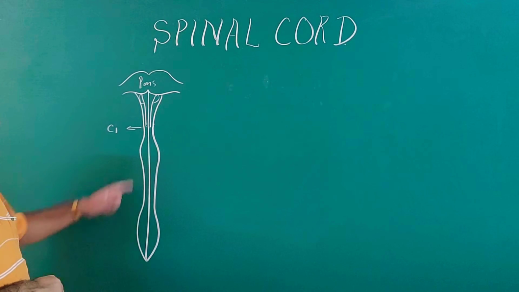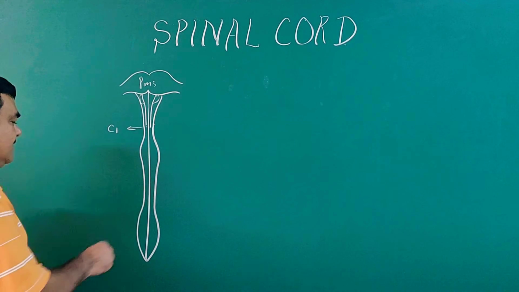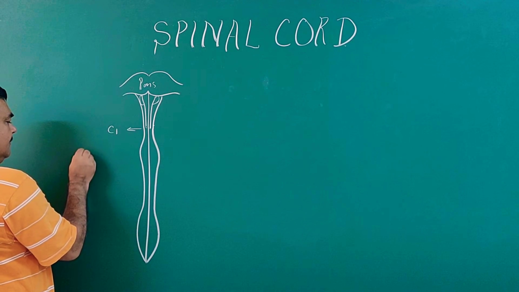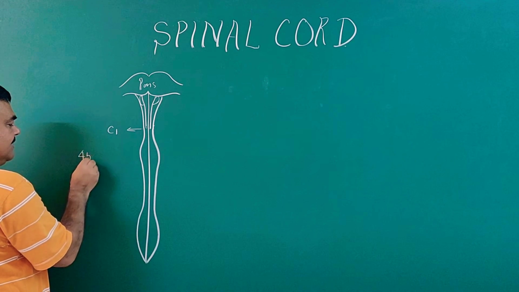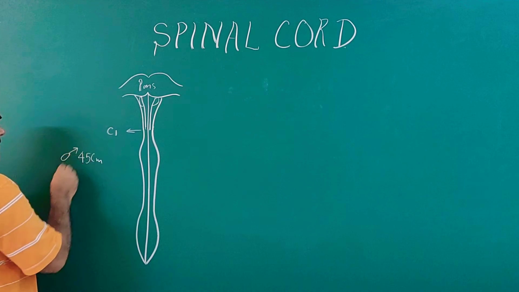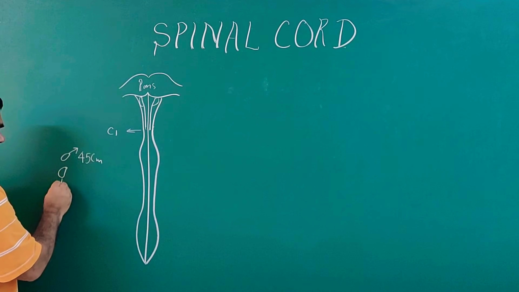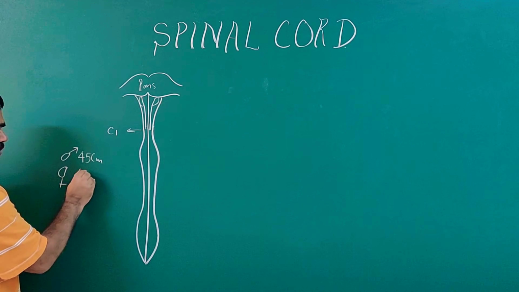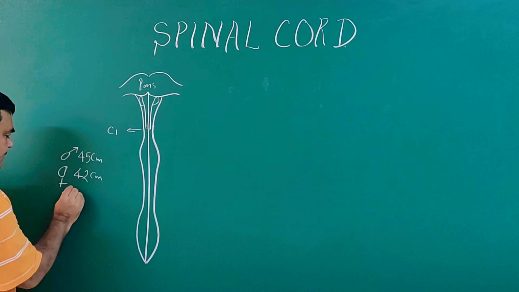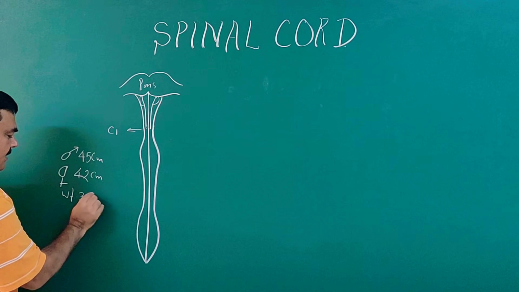this is the spinal cord. The length of the spinal cord is about 45 centimeters in male, and in female it is 42 centimeters, and its weight is about 30 grams.